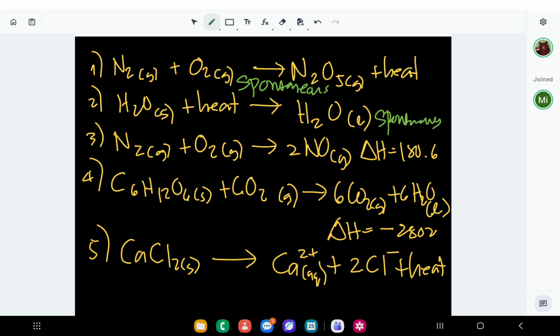Everything is gas, so it's more disorder. So that means delta S is positive. Then delta H is positive. What will happen? Positive, positive. So that means spontaneous at low or high temperature? We don't know the temperature for this.